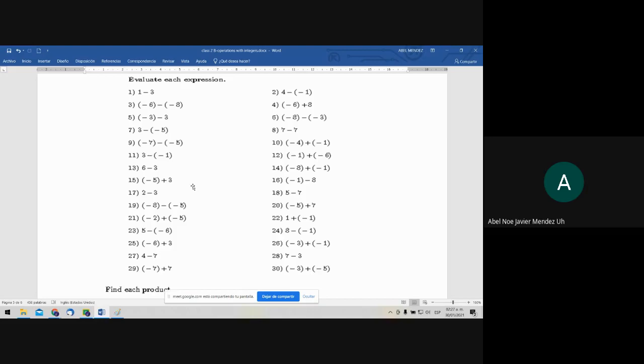Be careful with the signs before the parentheses. 2 minutes, 2 minutes, and we will solve some exercises or operations, okay?